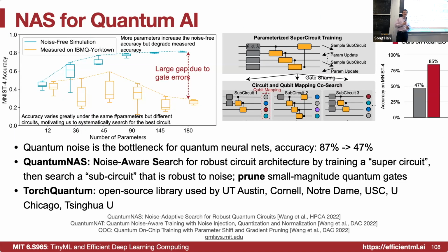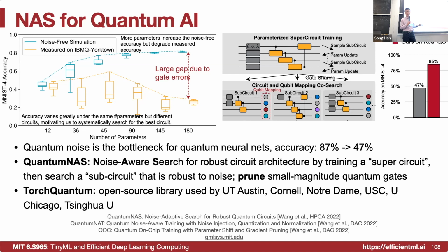Recently, we even employed such a technique for quantum AI, right? Quantum AI suffers greatly from noise. The gates are very, very noisy. So there is a large gap between the noise-free simulation versus the measured results. This is a quantum neural net deployed on this IBM Yorktown device. So a huge gap due to the noise.